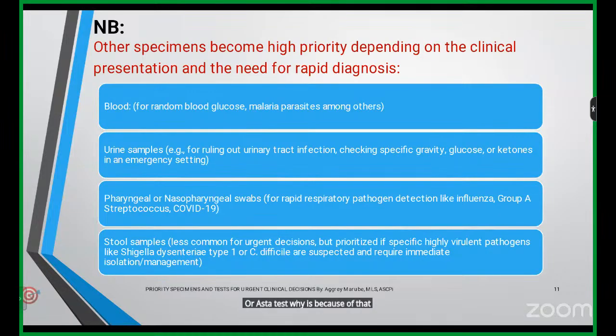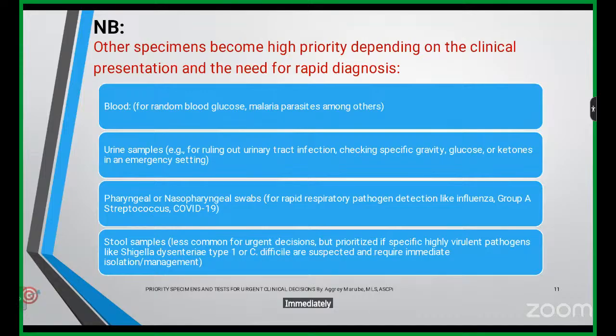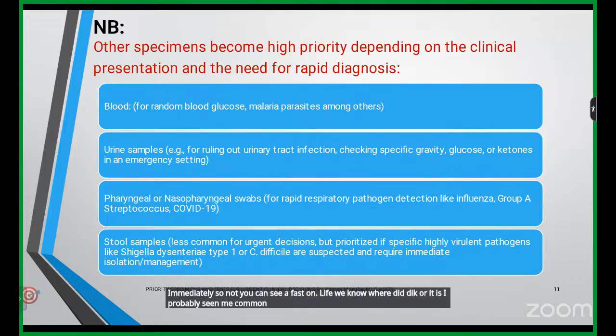It can be because of the nature of the patient. Maybe the patient collapsed and we are suspecting hypoglycemia or DKA, diabetic ketoacidosis. So this has to be handled immediately so that we can save a person's life. We know whether it's DKA or it is hypoglycemic coma, so that it's handled immediately, so that antidotes are provided to save this patient's life.